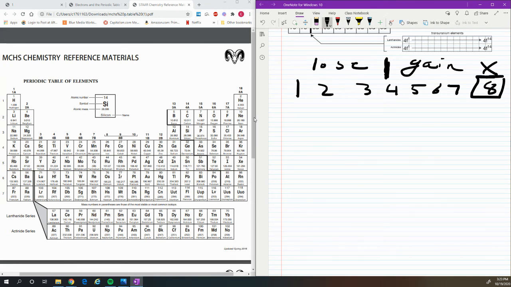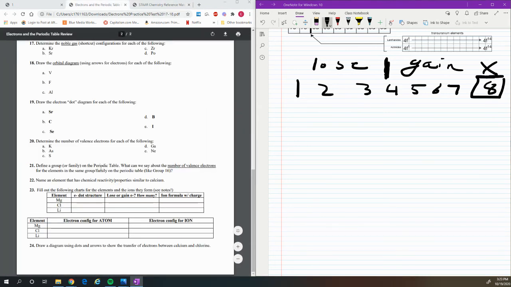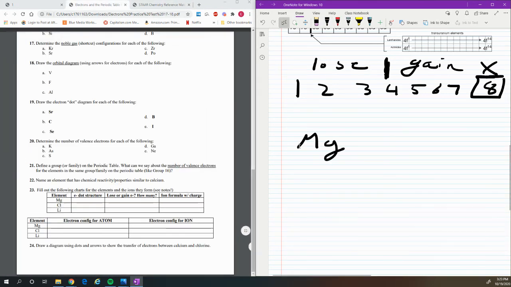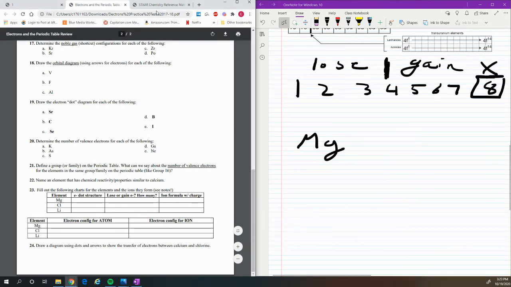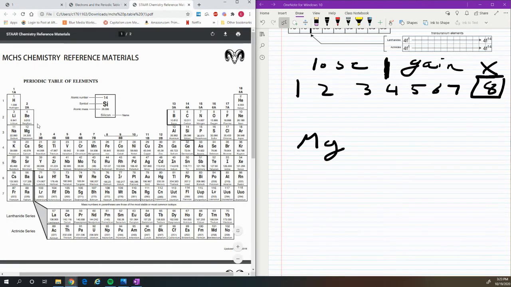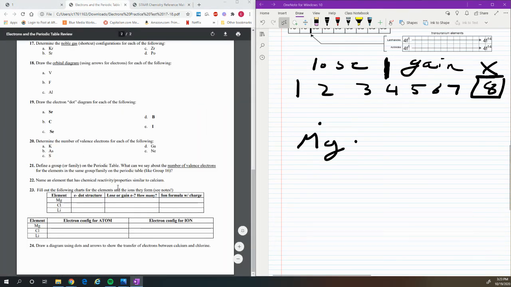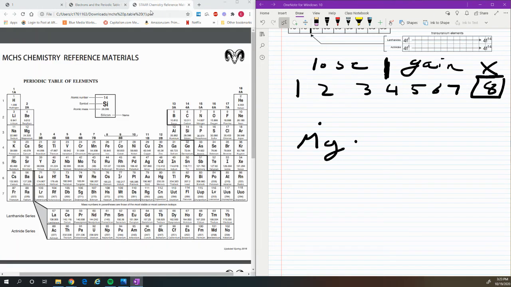So let's do this one, Mg. Let's find out the electron dot structure. We figure out the group. Mg is in group 2. It's got 2 valence electrons. I'm done with that. Lose or gain? It's only got 2 to lose.